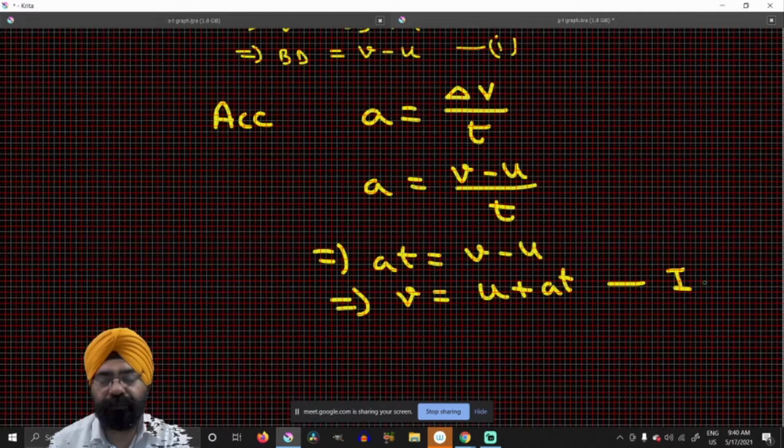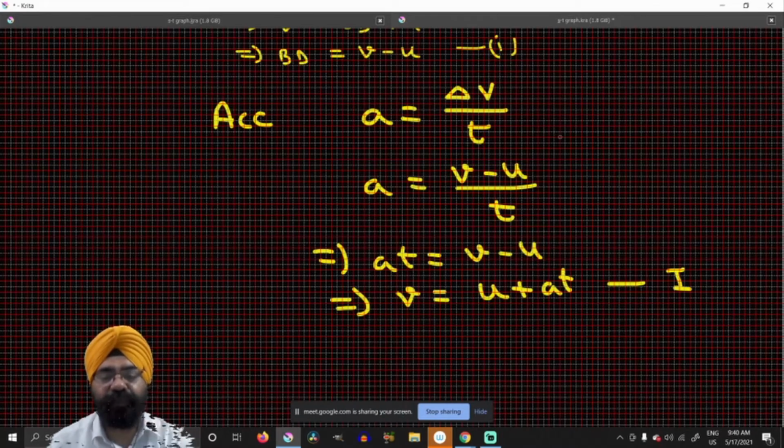What do we need to find to get the first equation? We have to first find the acceleration, and we know that in a graph we can find acceleration by finding the slope. So in this case, the perpendicular is BD, right?